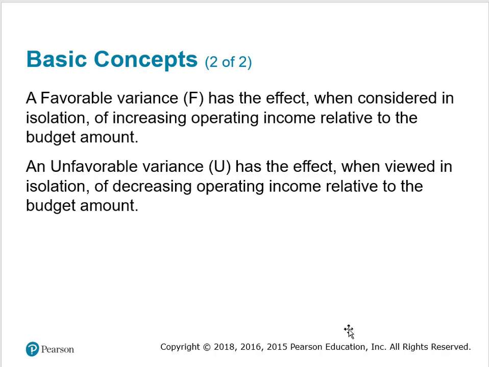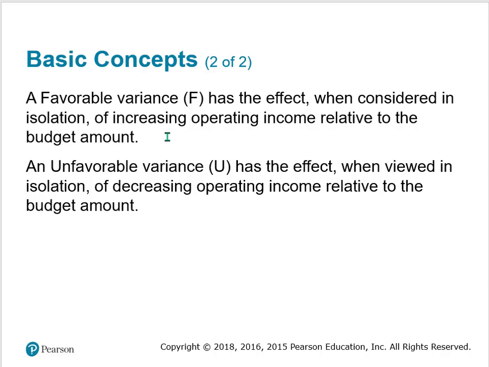The way we evaluate variances is we'll say that a favorable variance has the effect of increasing operating income. For revenue, that means actual revenues exceeded budgeted revenues. For cost items, F or favorable means that costs are less than the budget.